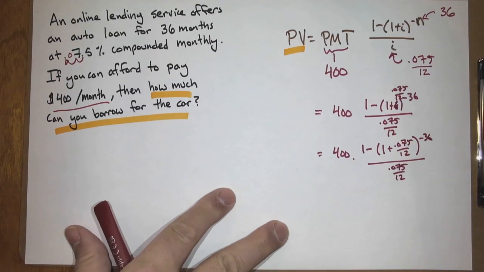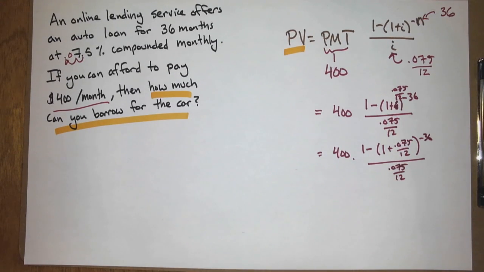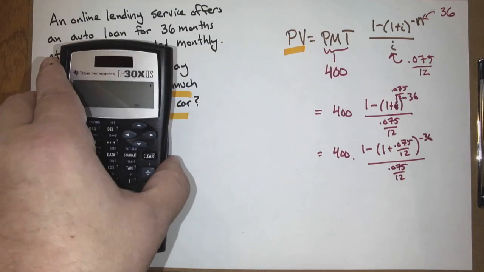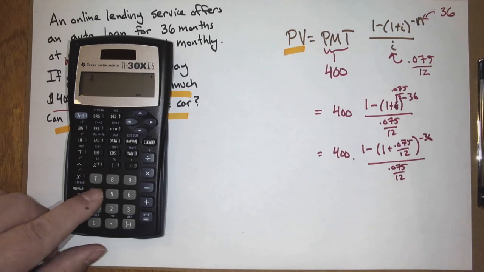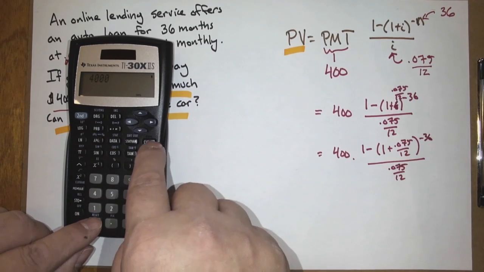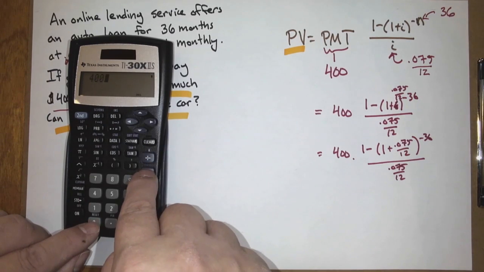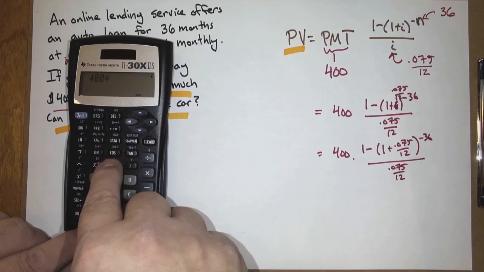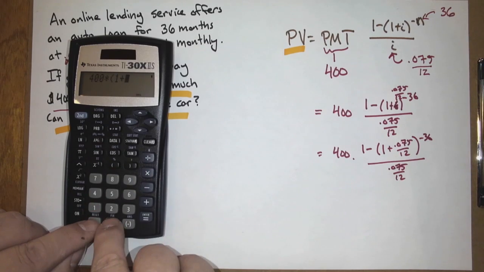There we go. And let's try to type this in. So 400, whoops, 400, not 4,000. That's a very steep car payment. Or maybe that was a very nice car we bought.